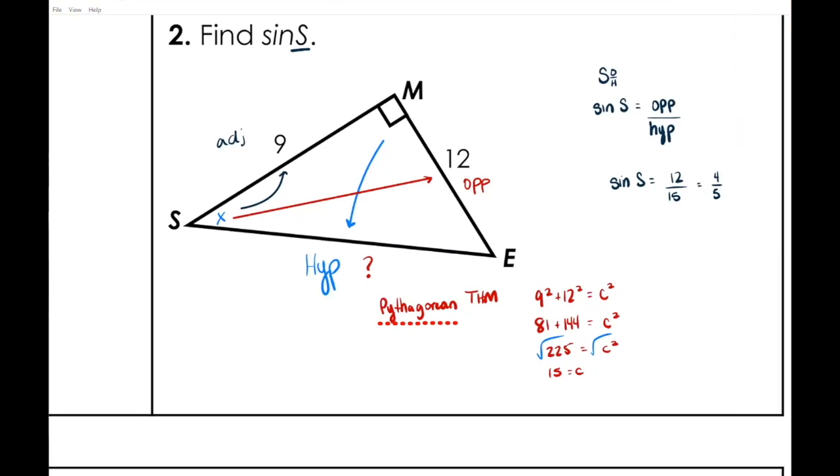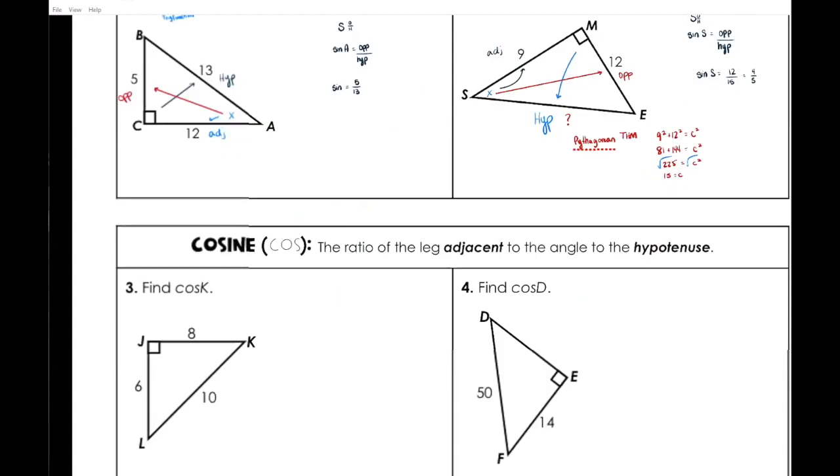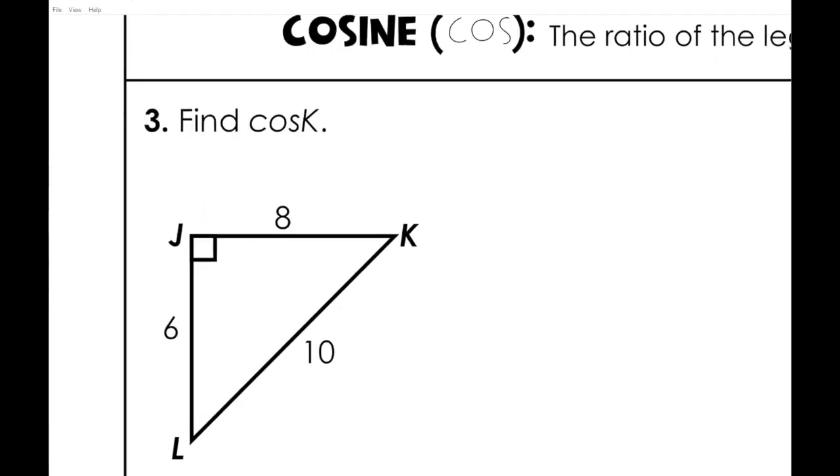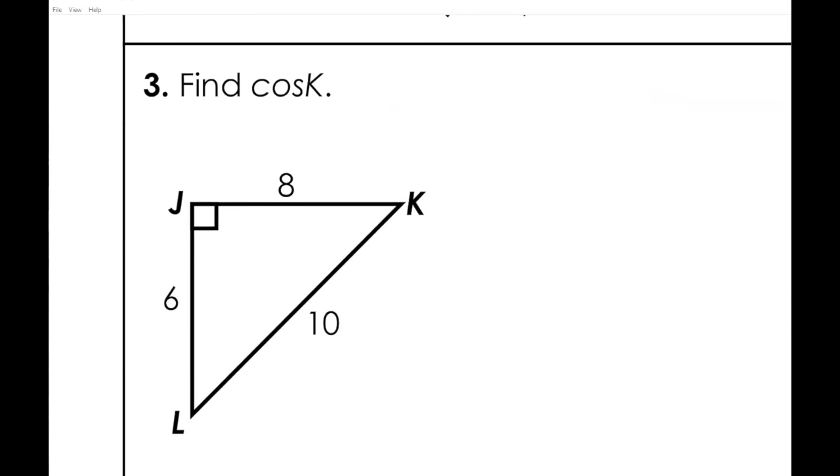We're good to go. All right, our next one is cosine. Cosine is the CAH version, so CAH-TOA. Looking at our cosine, it says find the cosine of angle K. Angle K is over here. Identify that hypotenuse first, make our life a little easier. Okay, hypotenuse.